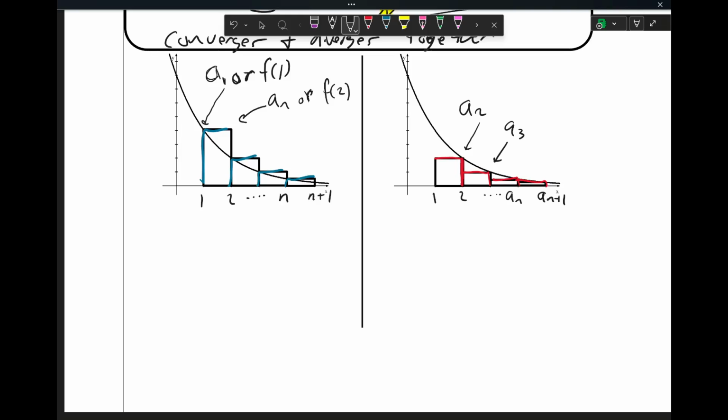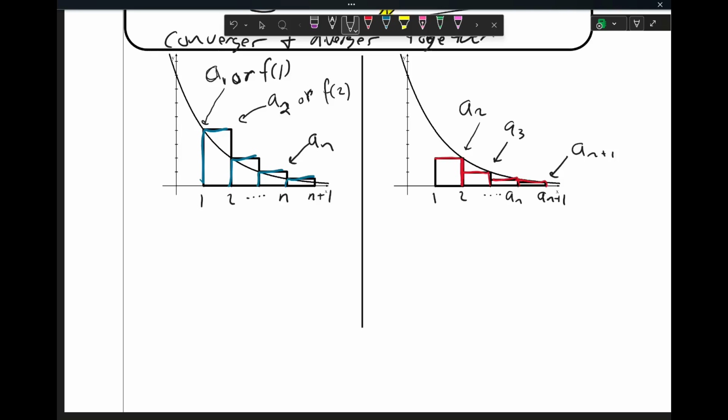Now when I use this one in a second, since I'm doing left Riemann sums, I'm going to quit at this one. You're going to wonder in a second why I use n on one and n plus 1 on another. But for left Riemann sums, I want the far left, so I'm going to go till I get to a sub n. But on the right Riemann sum, I'm taking the rightmost values, so I'm going to keep going till I get to a sub n plus 1. That's why I labeled the next one after a sub n.